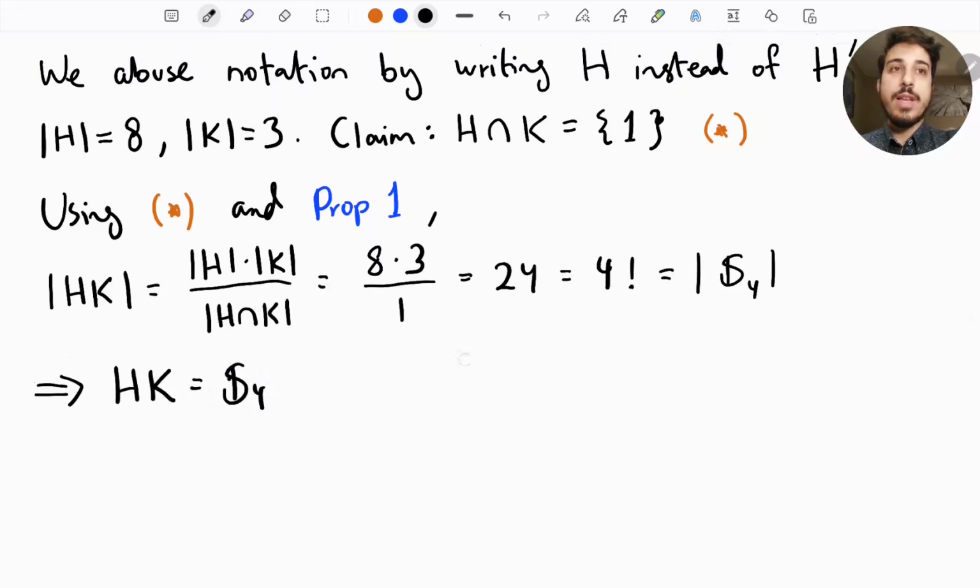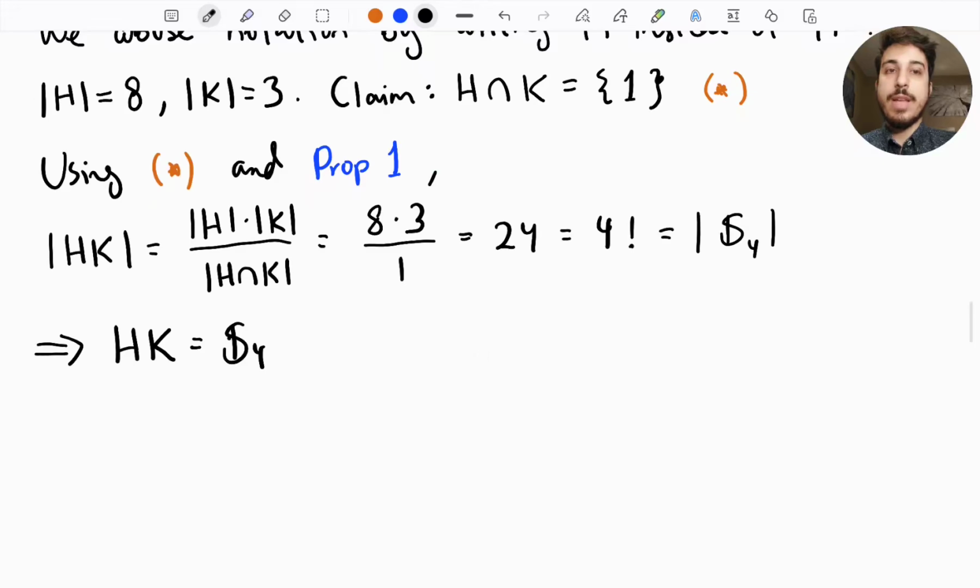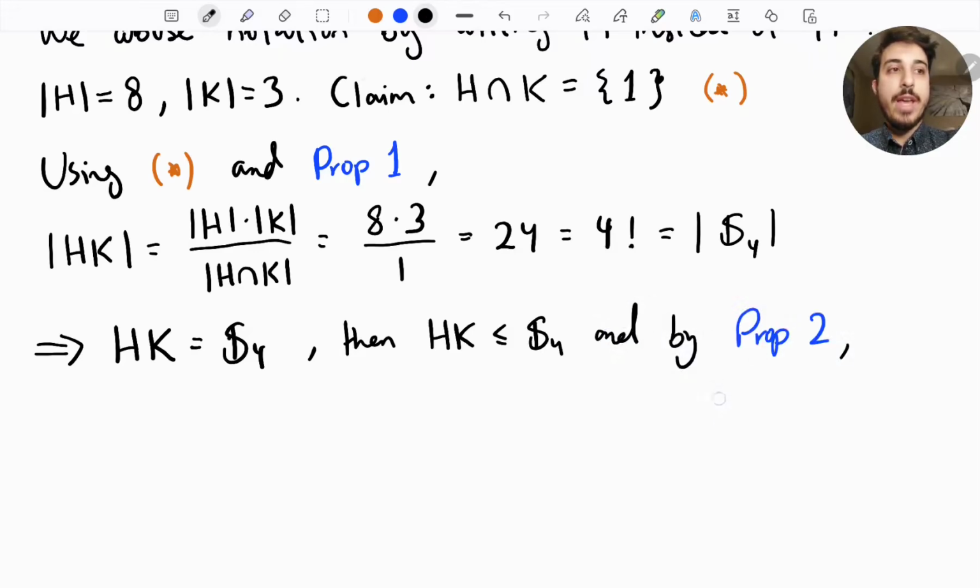In other words, the composite set H and K together form the entire symmetric group S4. And because it is equal to S4, which is a group of course, then HK is a subgroup of S4, and by proposition 2, we have that HK is equal to KH.